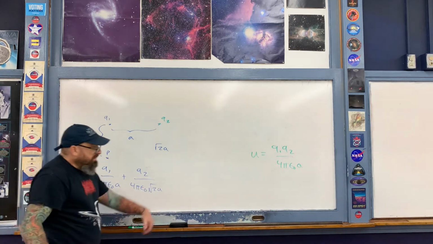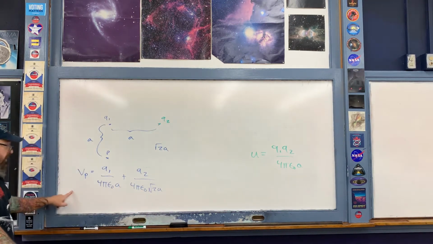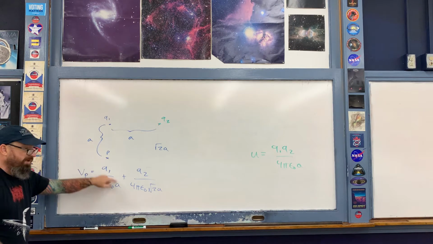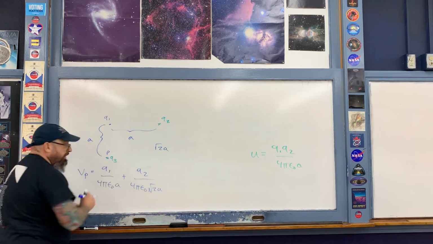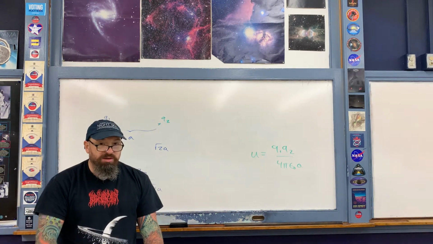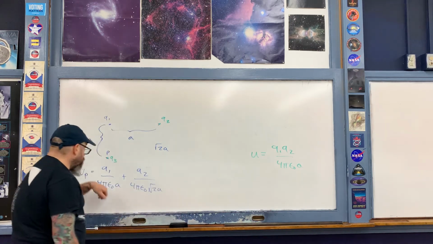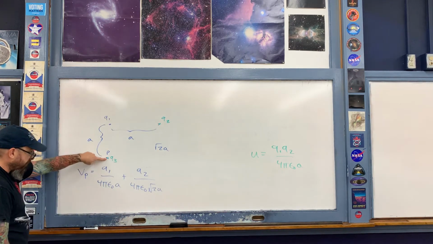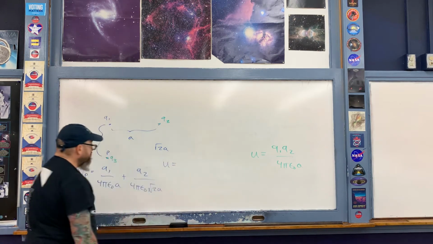And then just like I did earlier, essentially what we do is take this quantity and multiply it by Q3, which we now place at this position here. Once again, we're bringing in Q3 from infinity where the potential is 0 and it begins with a potential energy of 0. So when we bring it in from infinity to this point P in space, the amount of potential energy stored in the molecule is the following.